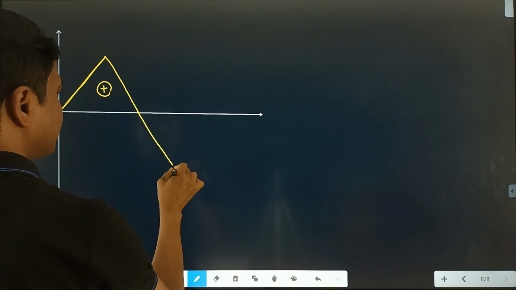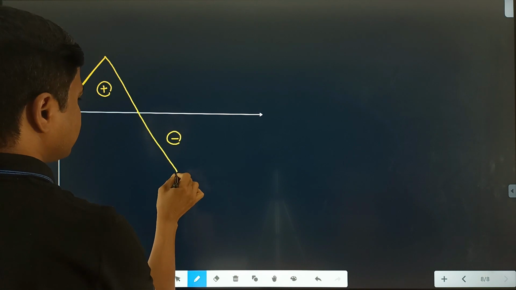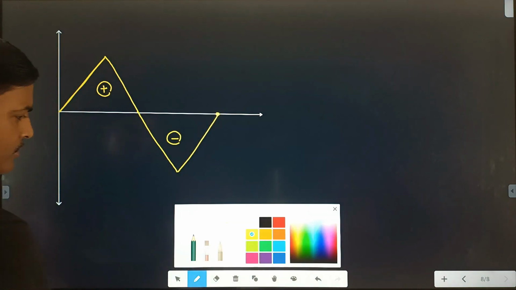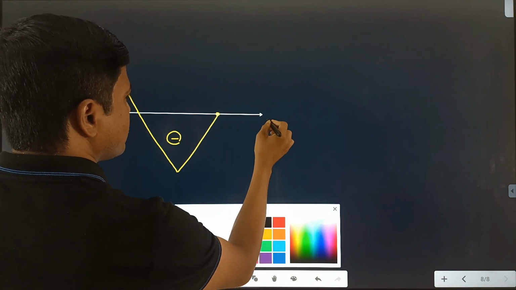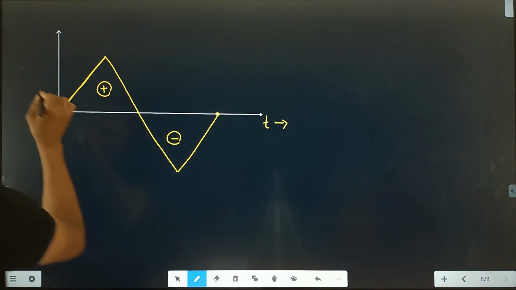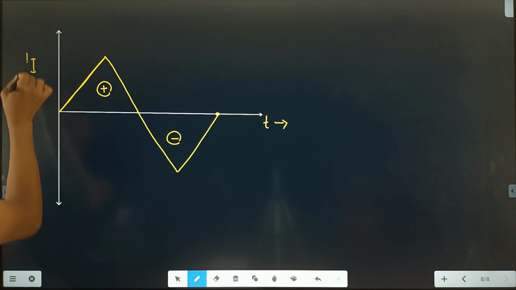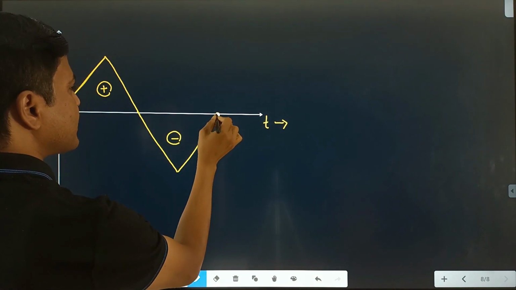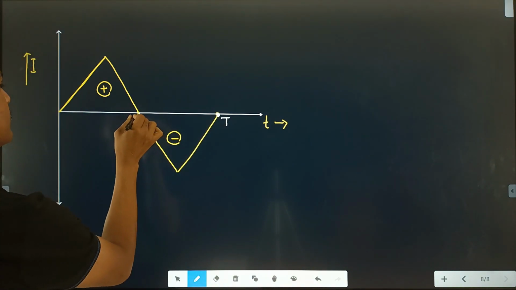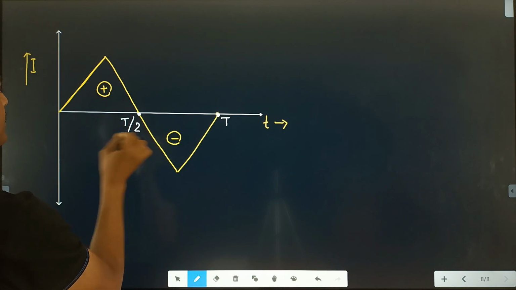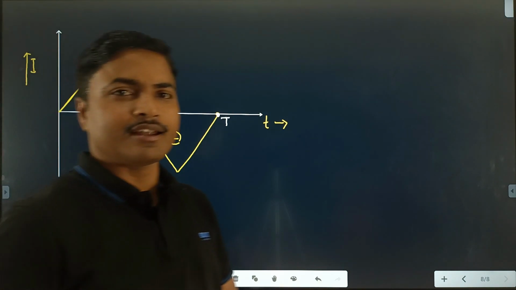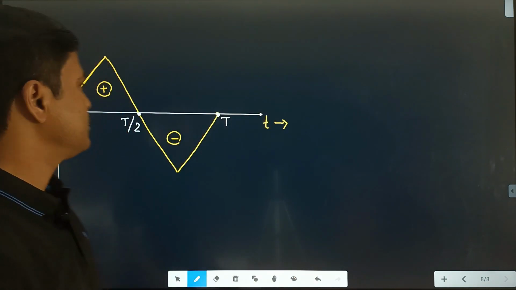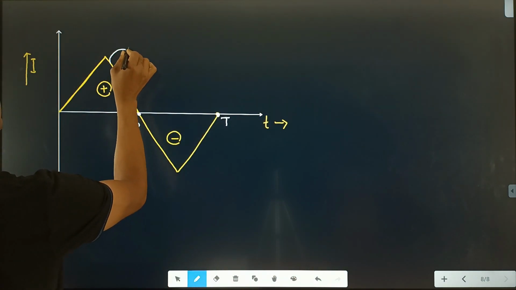Again its magnitude gradually increases, but on the negative side, and decreases, and here the current is 0. In the x-axis we take time, in the y-axis we take current I, and the time period we write T, here half of the time, T/2, and this looks like a triangle. So this type of waveform is known as the triangle wave.